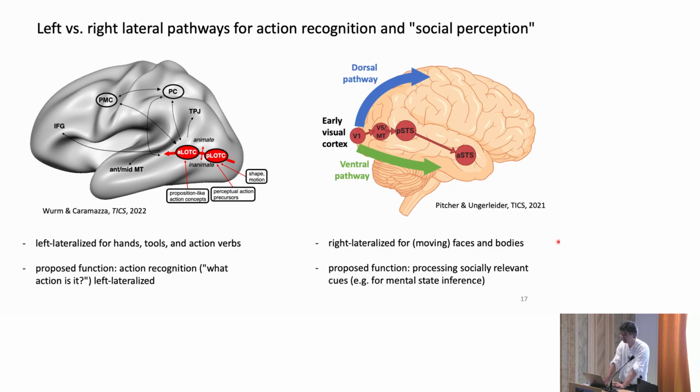It's important to keep in mind. So it seems that left and right lateral pathways likely have different but complementary functions. So the primary function of the left pathway would be action recognition, whereas the right pathway might be more specialized for processing perceptual cues that are important for other social functions like mentalizing.